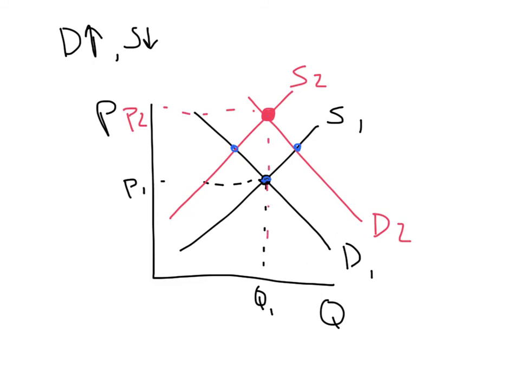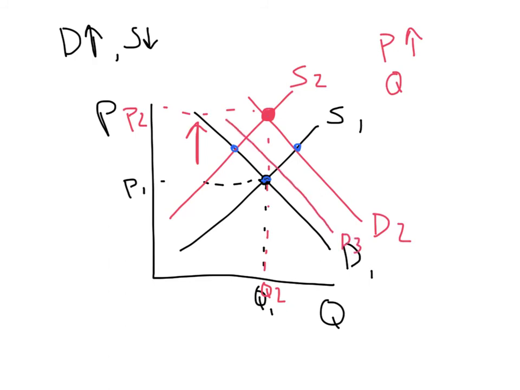Price 2. You can see that depending on how I drew this graph, quantity looks like it went up just a little bit. But remember, when we do double shifts, one of the answers is always going to be indeterminate. We know for sure the price has gone up. The quantity, meanwhile, depending on how you drew it, if I drew demand increasing here, I would not be wrong.